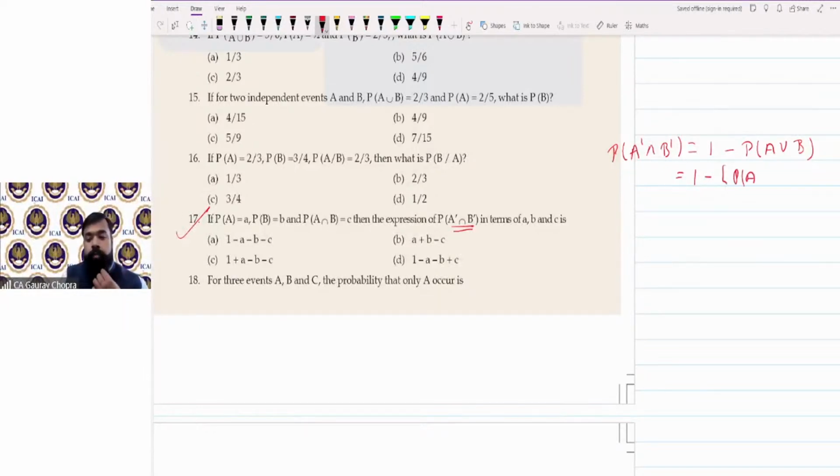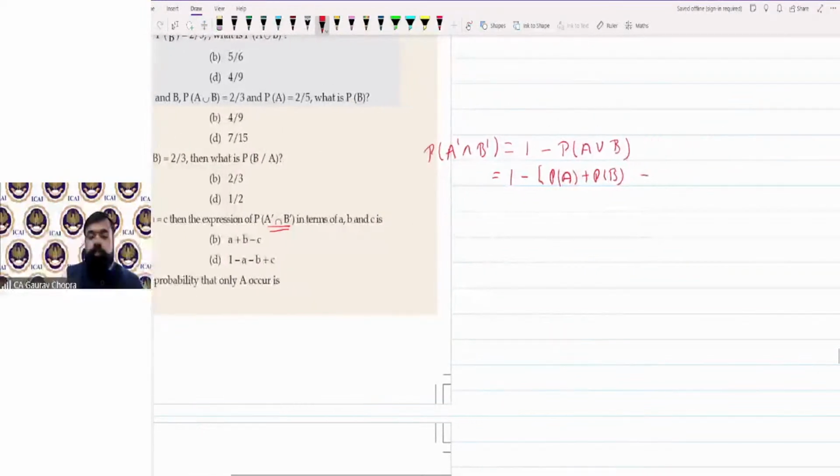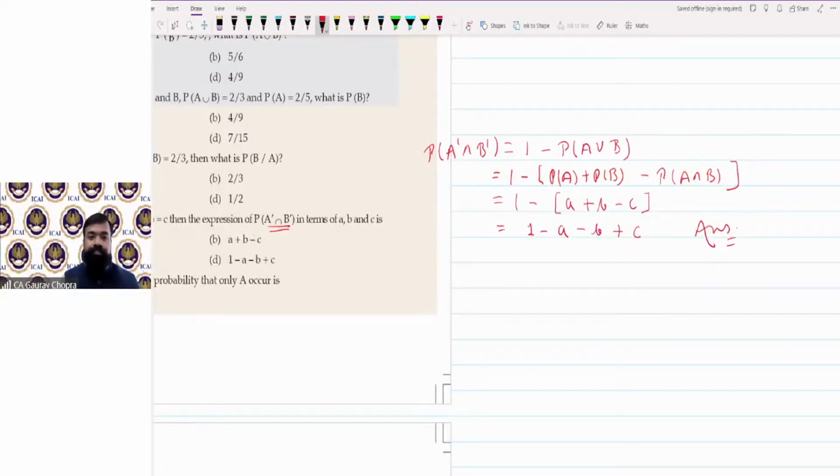It will be PA plus PB minus P of A intersection B. So we can write the values of A, B, and C. The final answer is 1 minus A minus B plus C. This becomes your final answer. Okay.